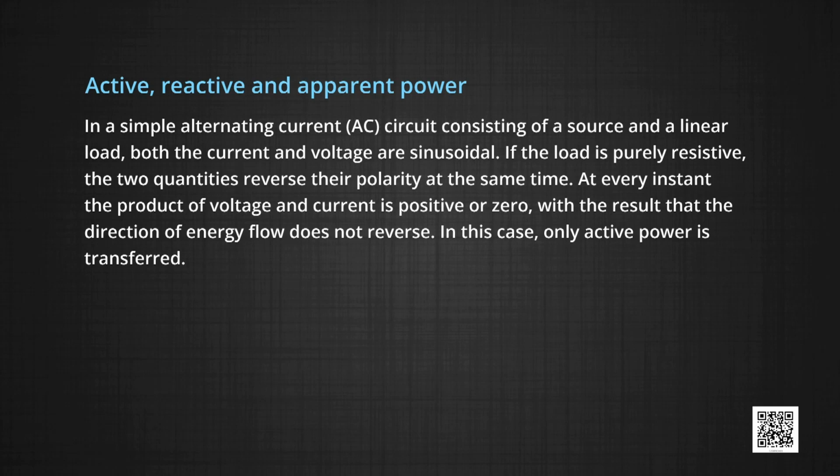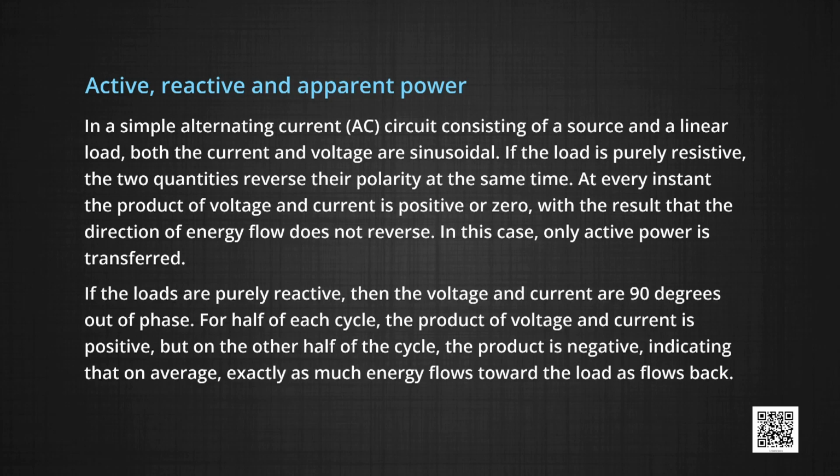If the load is purely resistive, the two quantities reverse their polarity at the same time. At every instant, the product of voltage and current is positive or zero, with the result that the direction of energy flow does not reverse. In this case, only active power is transferred. So, it is active power.